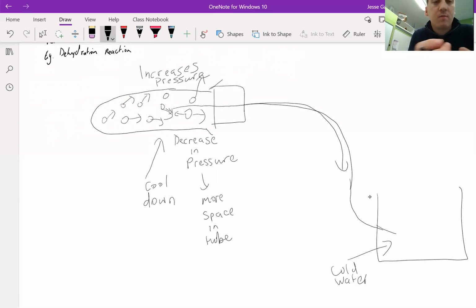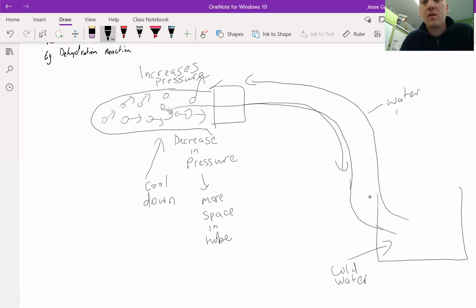And what that does is it starts to suck water up the tube. Water gets sucked up. And we call this suck back.